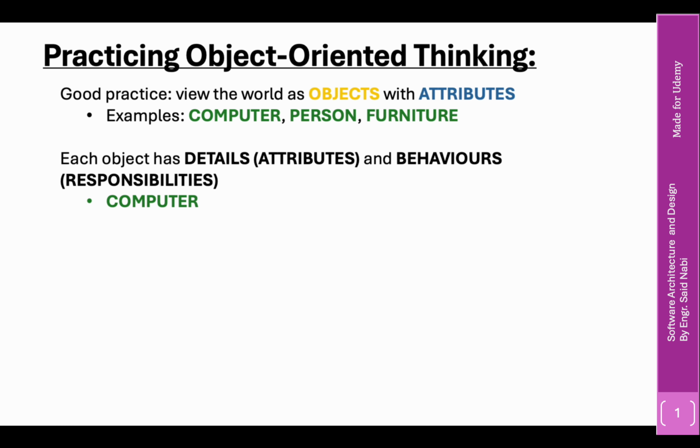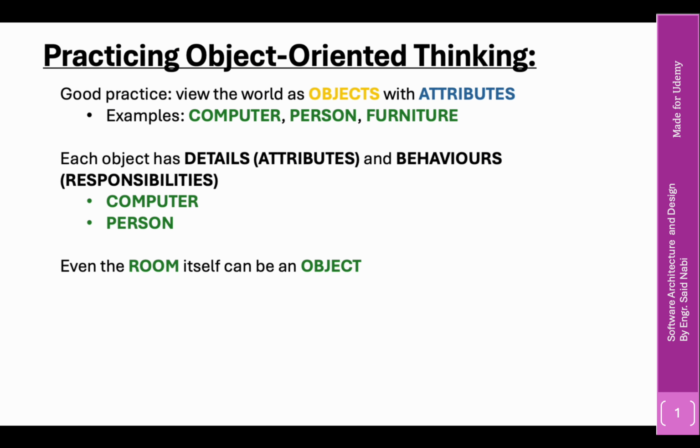So I want you to identify some of the attributes for a computer and some of the attributes for a person. For a person, it would be like the name, the age, and the gender, etc. Even the room itself can be an object, right?